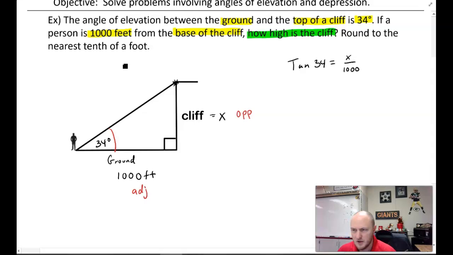Now I can solve this. I'll multiply both sides by 1,000, and we get x is equal to 1,000 times tangent of 34.